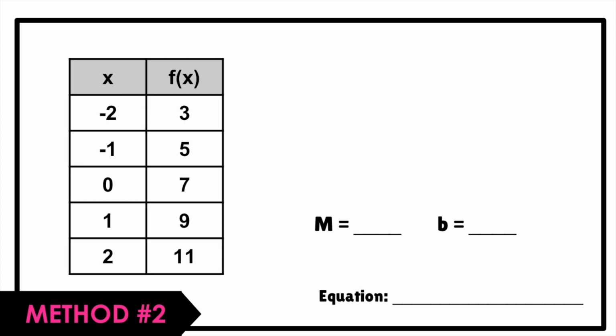For this second method, it's just a different way of finding the slope from a table. So we want to find our change in x and our change in y, because slope is the change in y over the change in x. When we're looking for the change in y and the change in x, what we're really looking for is what's that pattern to get us from one number to the next.